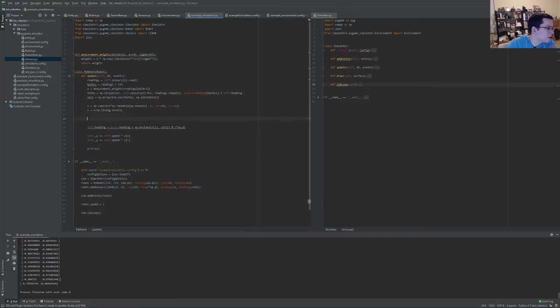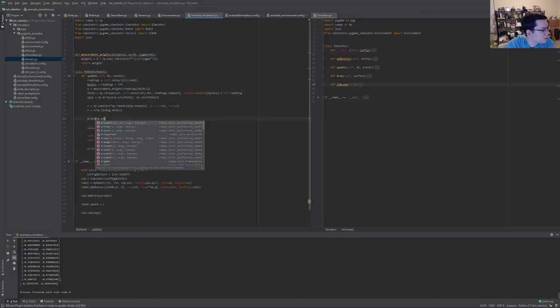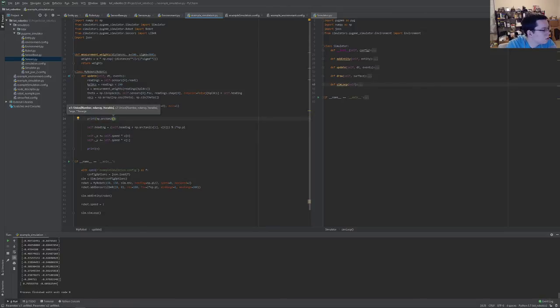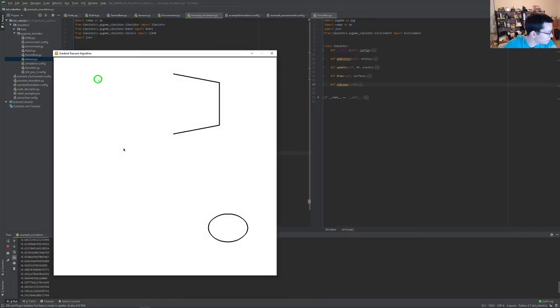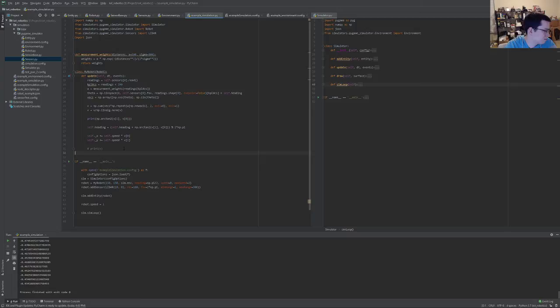I can print arctan2 v1 v0. That's not what I'm looking for.